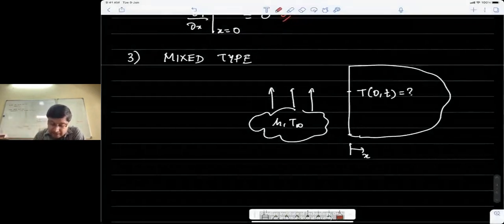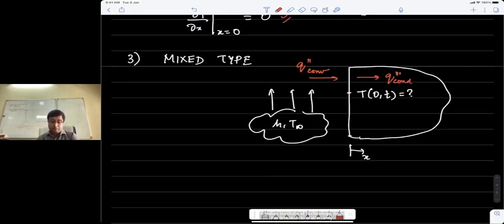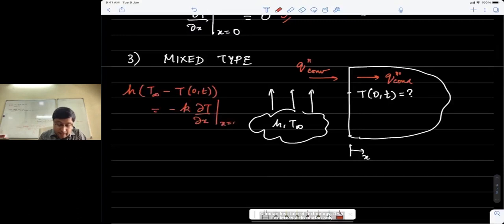The benefit is that I can now say Q double dash convection is coming into the surface in this diagram, and Q double dash conduction is going away. So h times T infinity minus T of the surface, which is T0 comma T, the surface temperature at x equal to 0, should be equal to minus K dT dx at x equal to 0.